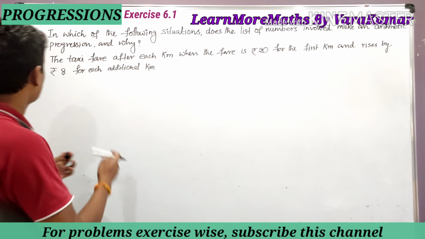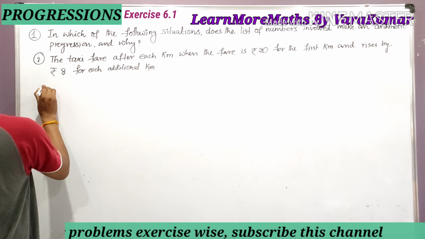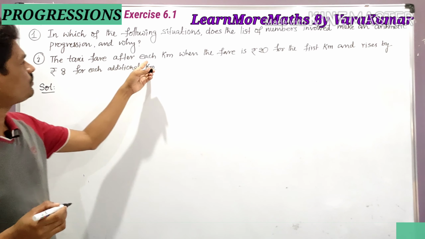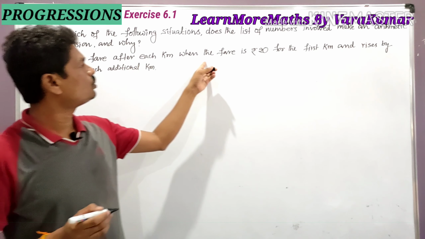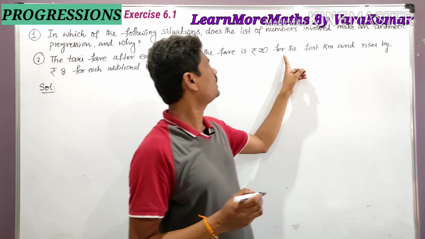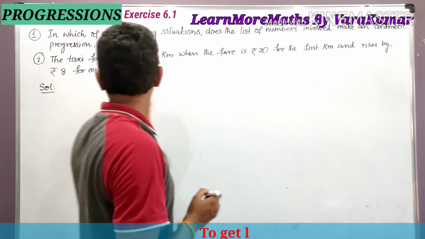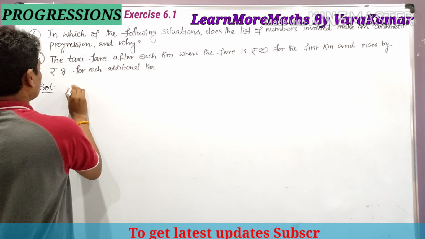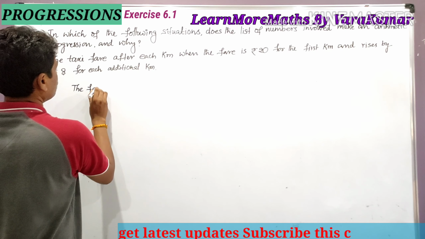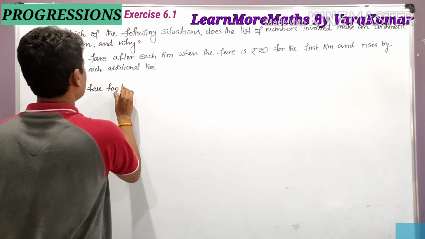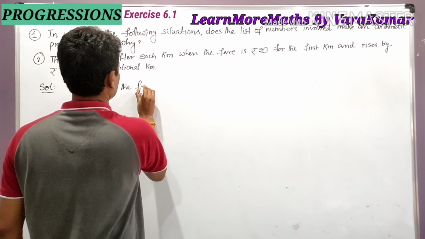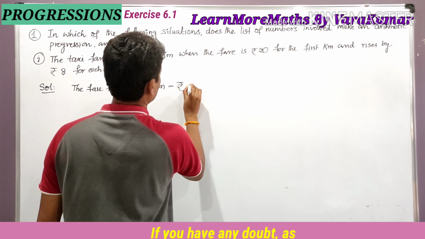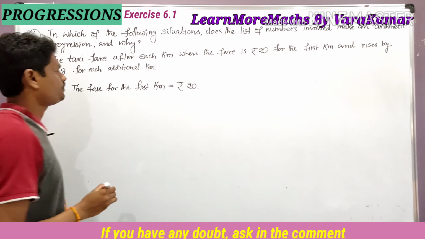So see student, now this is the situation he has given to us. Again I am reading. The taxi fare after each kilometer when the fare is rupees 20 for the first kilometer and raises by rupees 8 for each additional kilometer. The fare for the first kilometer is equal to rupees 20, student.